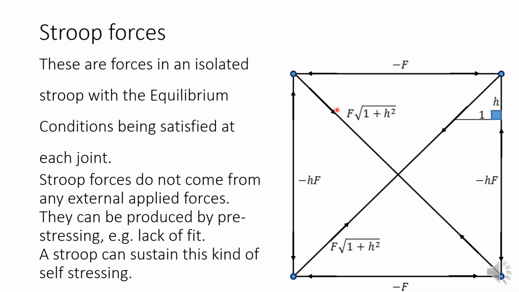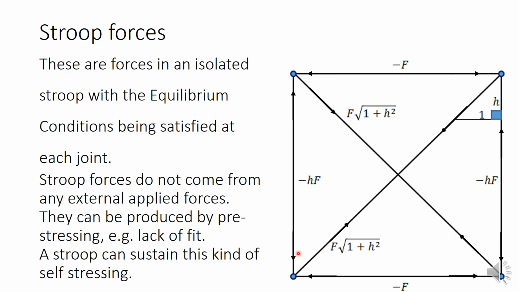A positive value of F will denote tension, a negative value of F will denote compression. So I will, in future diagrams, omit the arrows, but it can be deduced from the sign of the force.